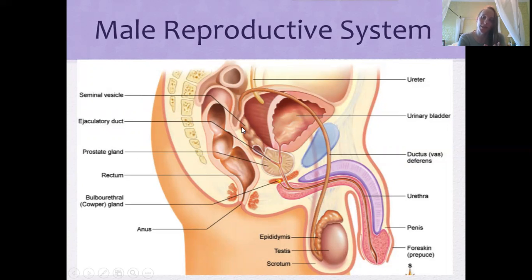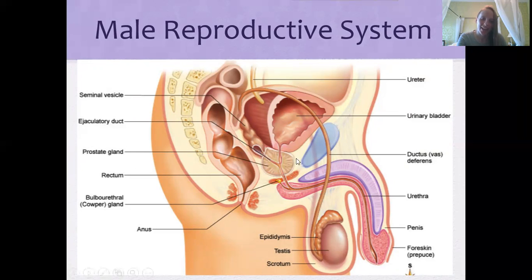It is important to note that the sperm does not go through the seminal vesicle. It just passes by the seminal vesicle, and the fluid in the seminal vesicle is added to the sperm. The sperm then continues to travel, going again just past the prostate gland. Once again, the fluid from the prostate gland will join the sperm, but the sperm does not go directly through the prostate gland.